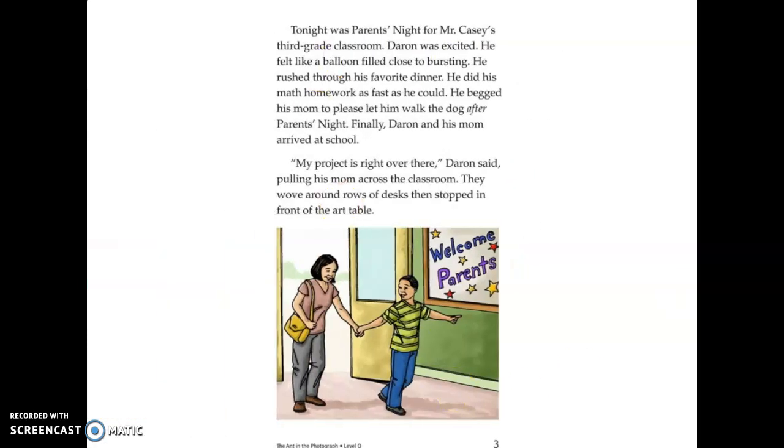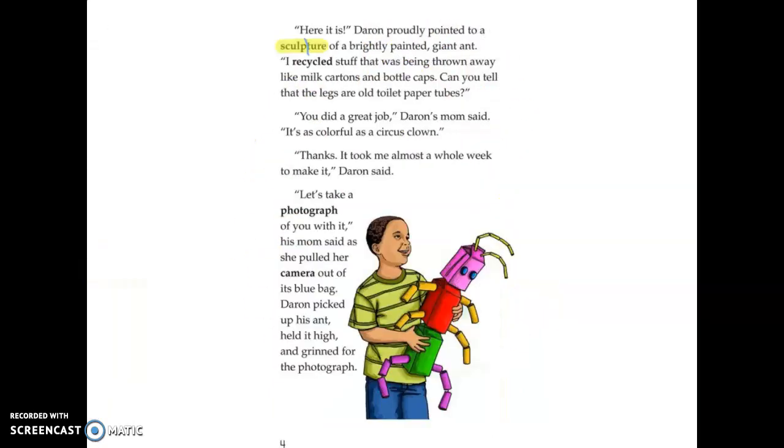Okay, so if I were to retell and summarize each page, I would say, okay, Darren was excited to go to the school to show his mom his project. He got to the school and was very excited to show his mom the project because the mom took a picture of it with him.